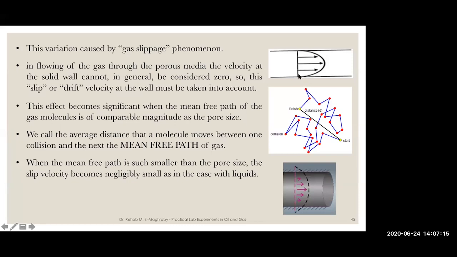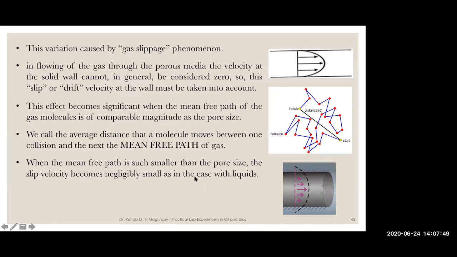So the layer of gas neighboring the wall of the pore will be at a higher velocity, because the mean free path between collisions is higher than the diameter of the pore.